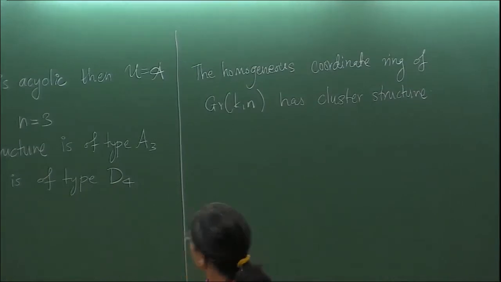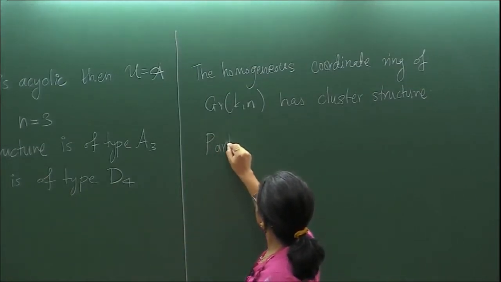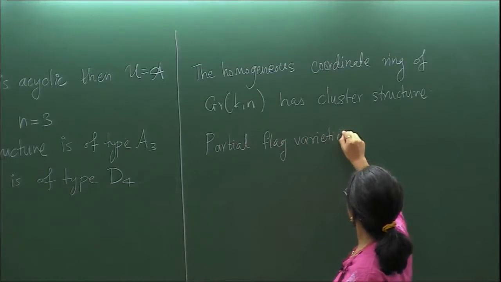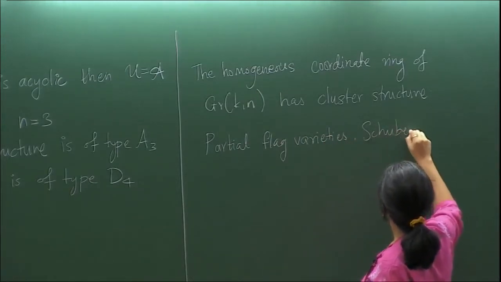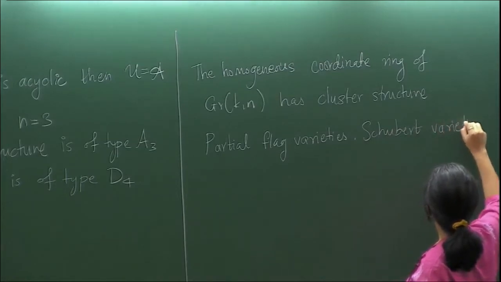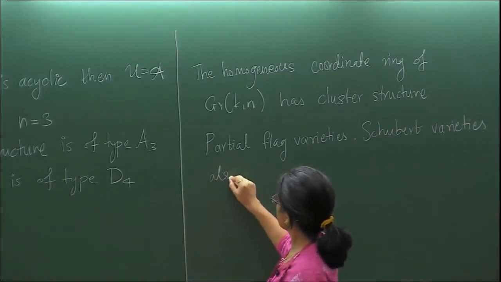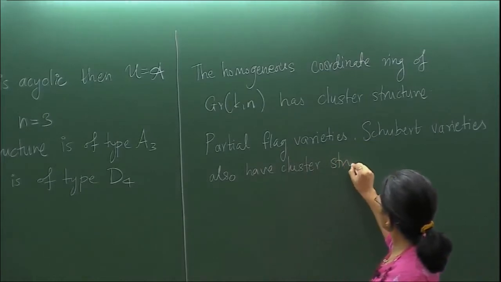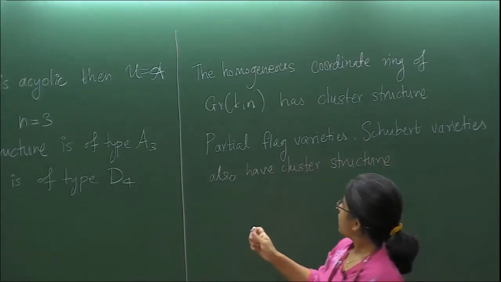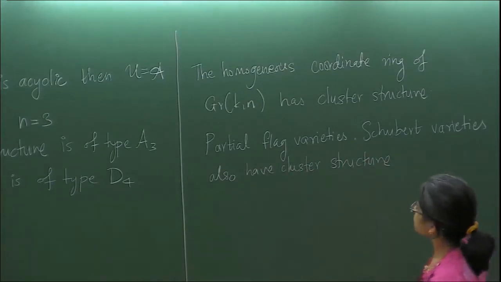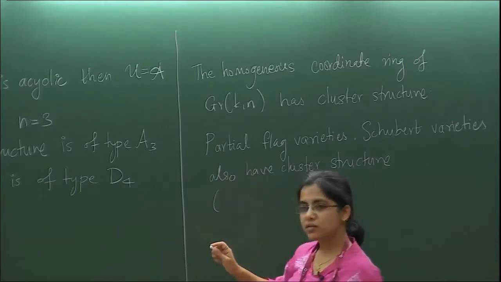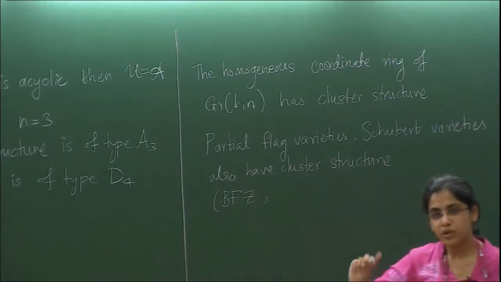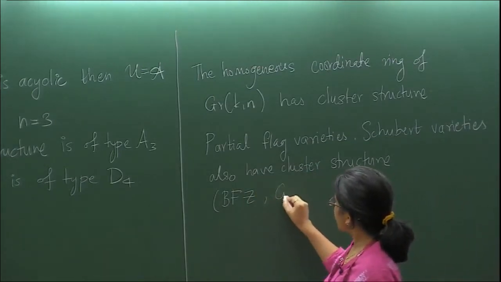But other than just Grassmannians, partial flag varieties, if you know what those are, or Schubert varieties, also have cluster structure, and this is due to the work of several people: Bernstein, Fomin, Zelevinsky, which you have already heard in several talks, but also Geiss, Leclerc, and Schröer.